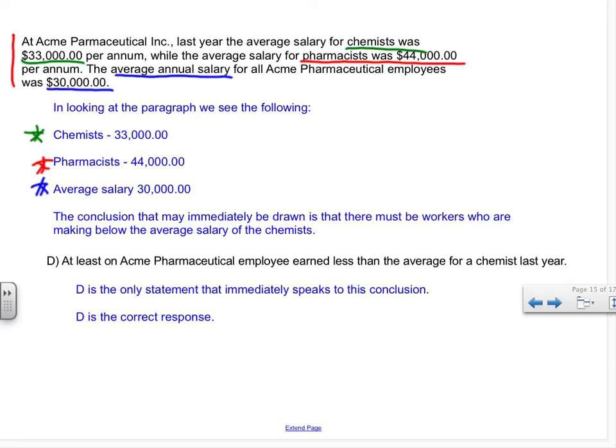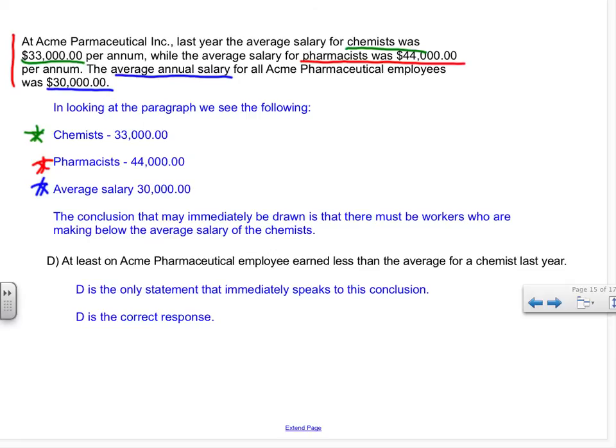And we can immediately make the conclusion, after looking at the numbers, that the average salary is lower than the chemists and the pharmacists. The pharmacists make the most, the chemists make the second most, and everybody else makes the least.